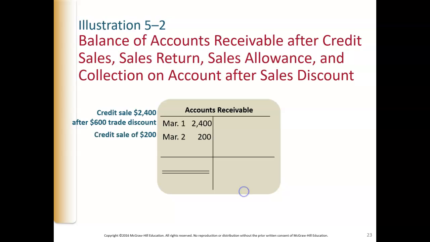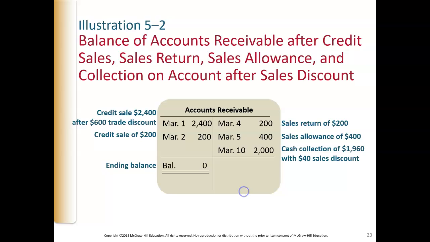Now, you see here in our accounts receivable, we started with $2,400 of accounts receivable. We have the $2,400 credit sale after the $600 trade discount, which we don't show anywhere. It's just like a sale.